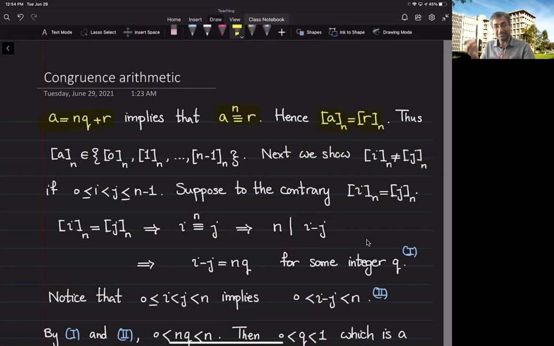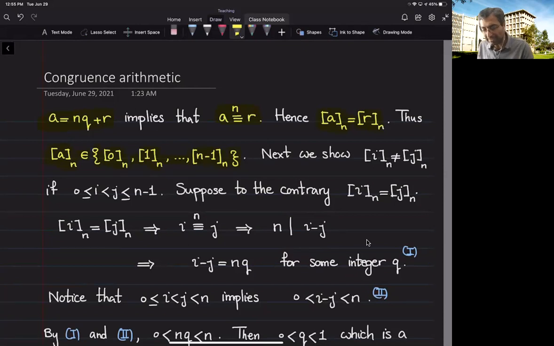Now r is either 0 or 1 up to n minus 1, which means the mod n residue class of a is in the set of the mod n residue class of 0, the mod n residue class of 1, up to the mod n residue class of n minus 1. That means every residue class is among these n residue classes. So Z sub n is indeed equal to this set.